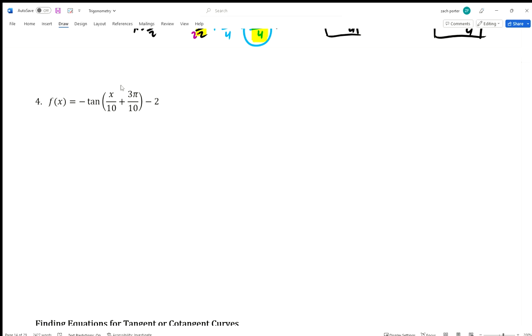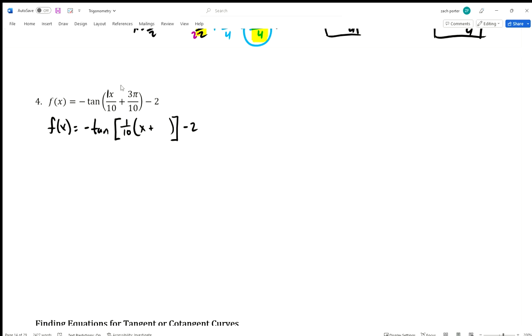So f of x equals negative tangent, and then let's get a bracket. x over 10, that x does have a 1 there. 1/10 is what needs to get factored out. That way I would have x plus blank in the bracket, and then let's get the minus 2 as well. So we're just making that adjustment.